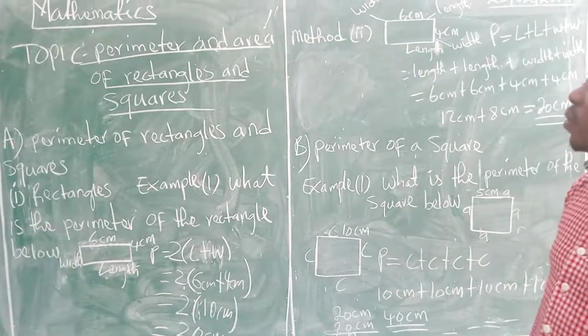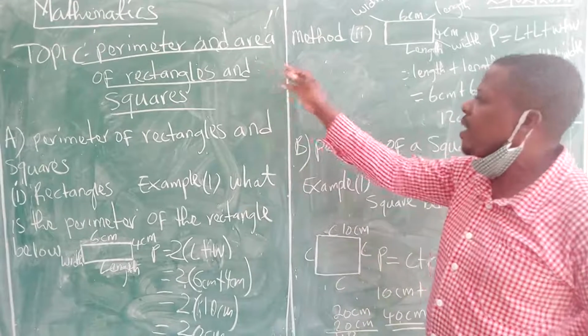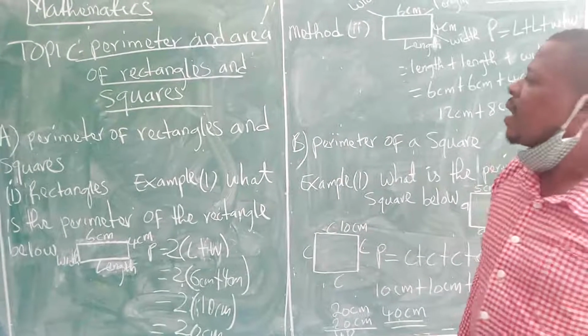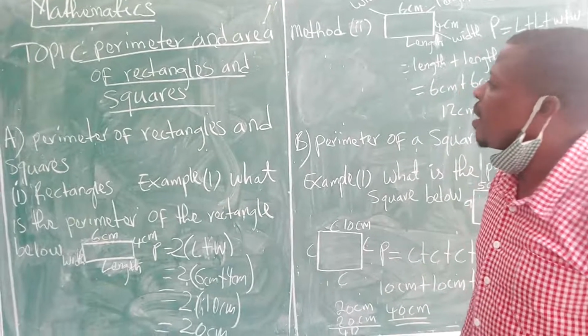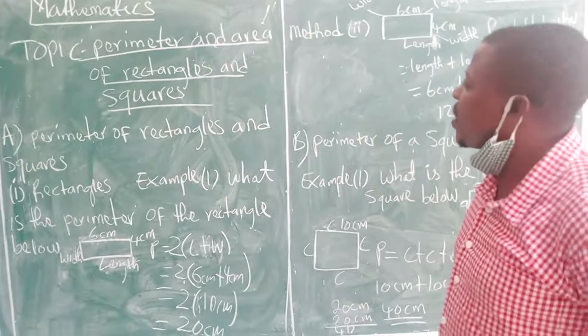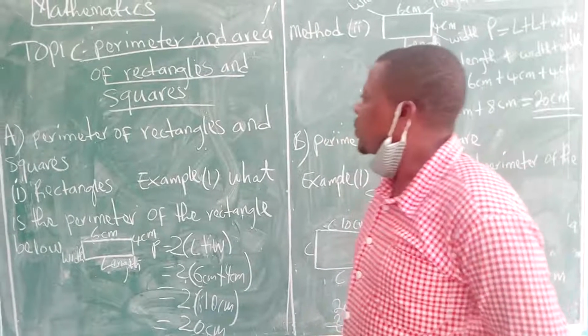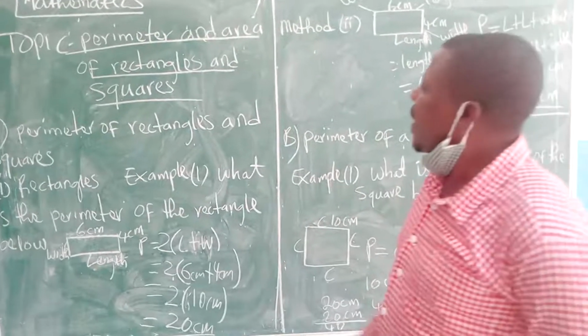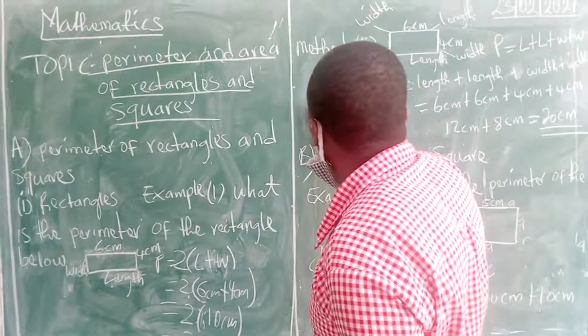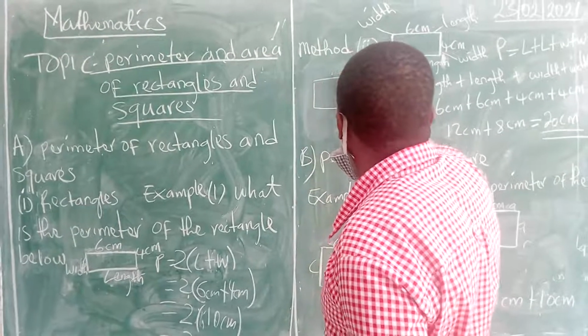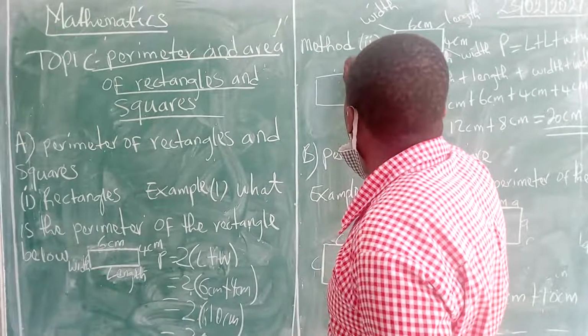Today, our topic under investigation is perimeter and area of rectangles and squares. So you know that a rectangle, we've done shapes already. This is an example of a rectangle.